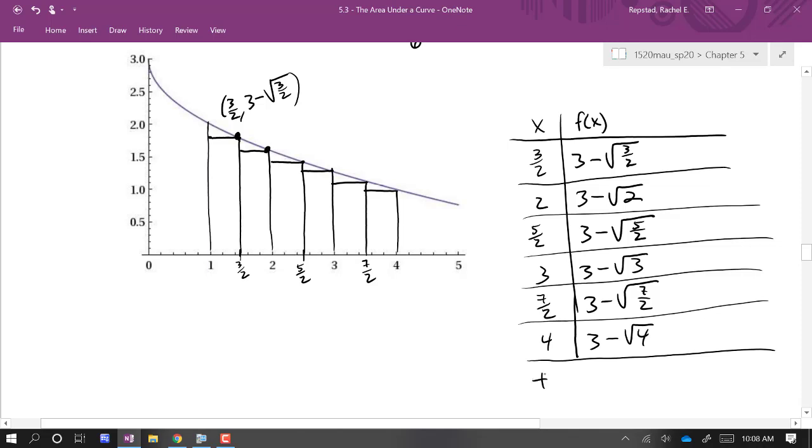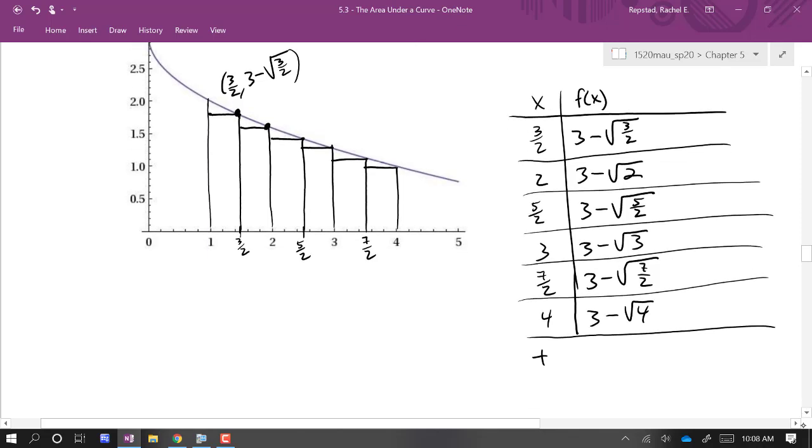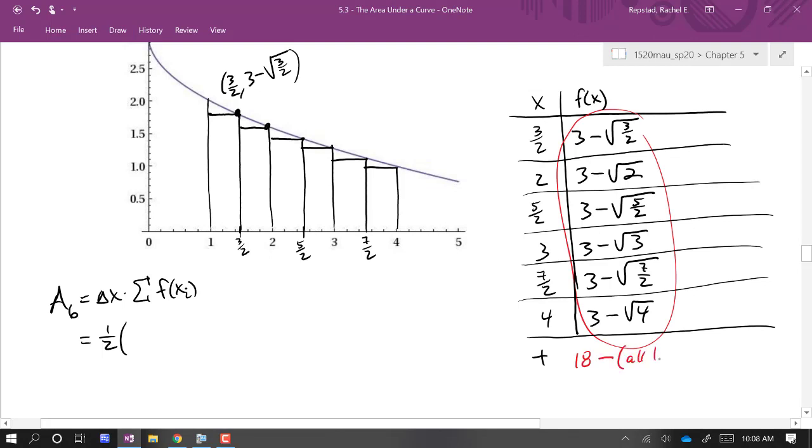Now if I want to add all these up, what we want to do is take delta x, multiply it by the sum of these heights. So it's 1/2 times the sum of the heights. If I add all of these up, first of all I'm going to add 3 six times, so that's 18 minus all the radicals.